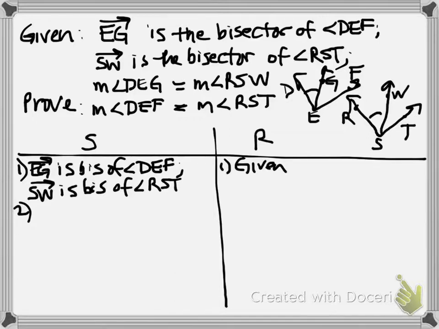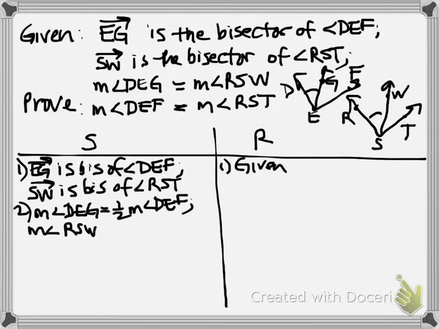And so I can say that the measure of angle DEG is equal to 1/2 the measure of angle DEF. I can also say that the measure of angle RSW is equal to 1/2 the measure of angle RST.